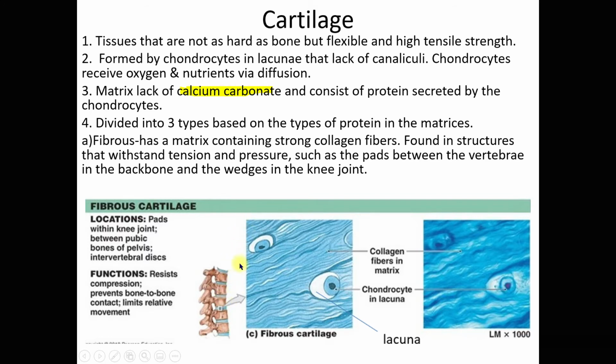Now, this fibrous cartilage has a matrix that contains strong collagen fibers. Can you see these strong collagen fibers? Okay, so found in the structures that withstand tension and pressure, such as the pads between the vertebrae in the backbone and the wedges in the knee joint.